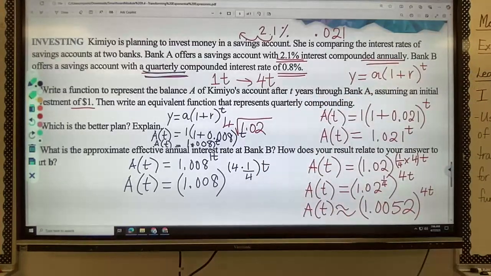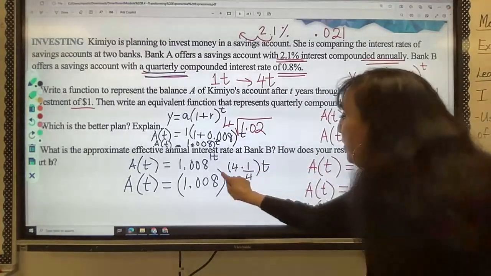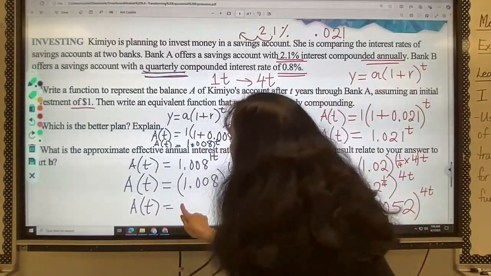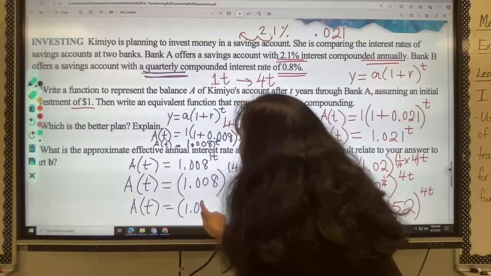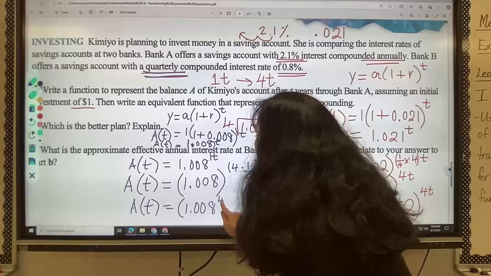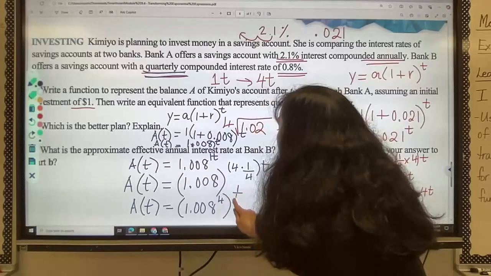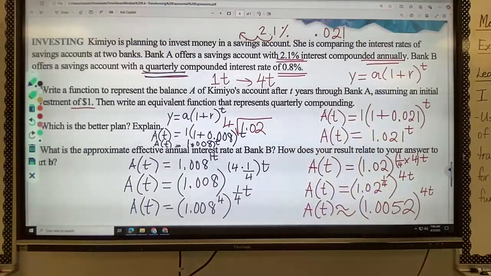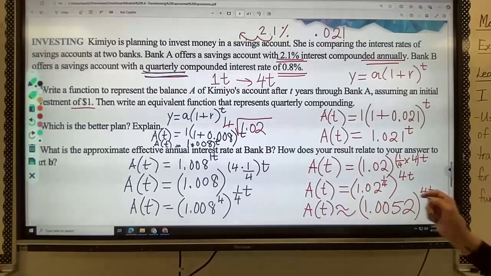Then I am going to do my power of a power, and I'm going to move this here. So A of t is equal to 1.008 to the 4th power, and now look, I have my 1/4 t over here.